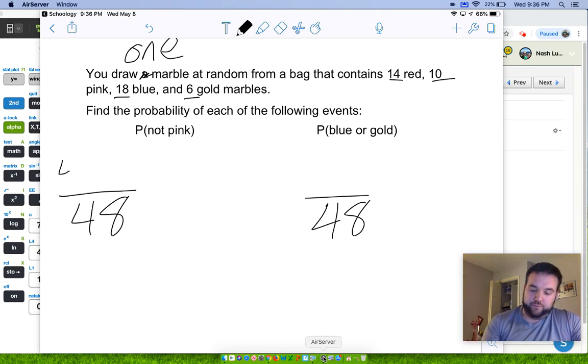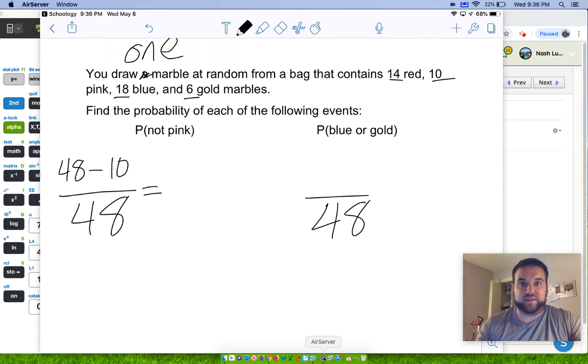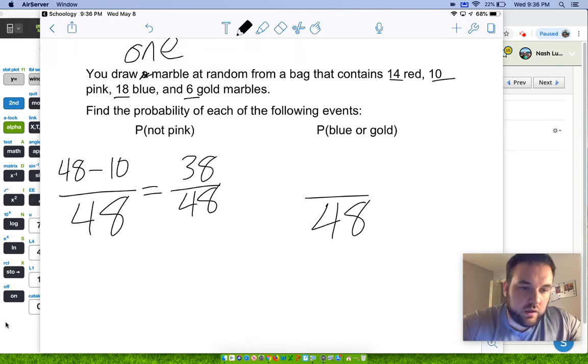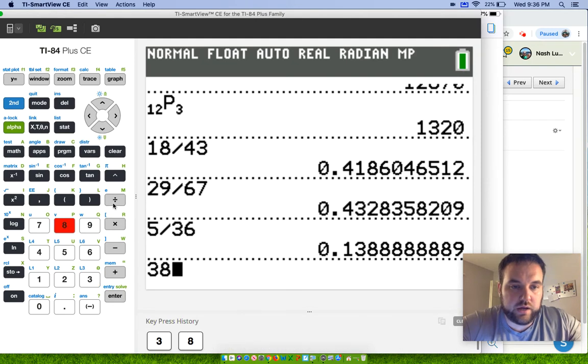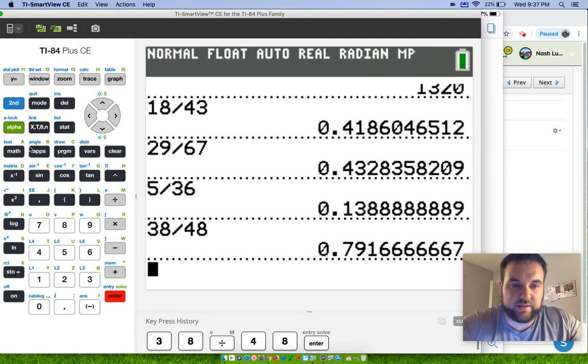What is the probability that the one I choose is not pink? Well, of 48, 10 of them are pink, which means the rest of them would fit into the category of being not pink. So 48 total minus the 10 pink ones means 38 in that bag would fit my event out of the 48. Go to the calculator. 38 out of 48 is 0.791.